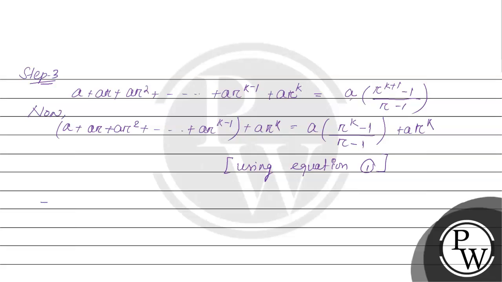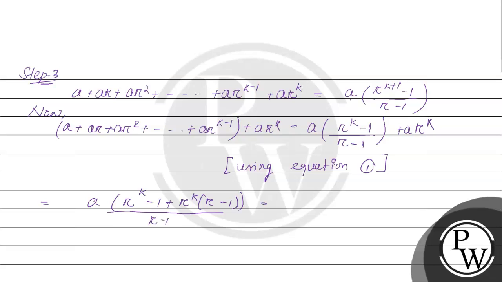So that will be equal to a multiplied with r to the power k minus 1 plus r to the power k multiplied with r minus 1 divided by r minus 1.